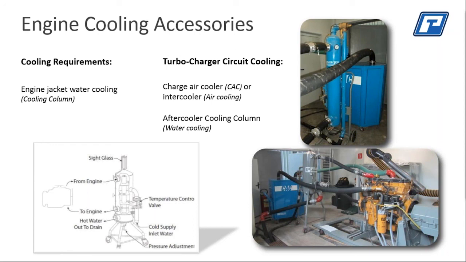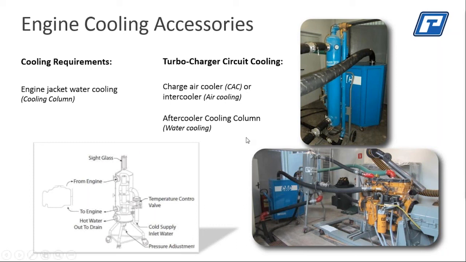Okay, so now we're moving on to one of the least understood portions of the system. We've got not only jacket water that we are taking care of, so we've got to remove the heat from the engine jacket water, which everybody's aware of. Typically, that is taken care of in a vehicle by the radiator or the rad. We've also got turbocharger cooling. Of that, there are two types.